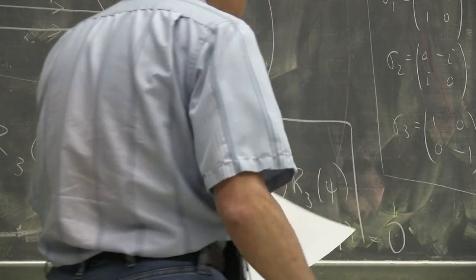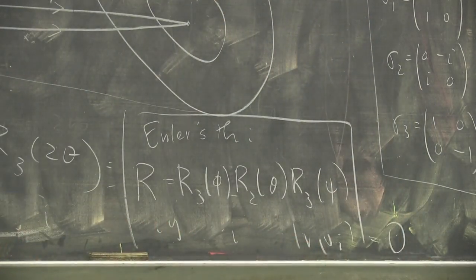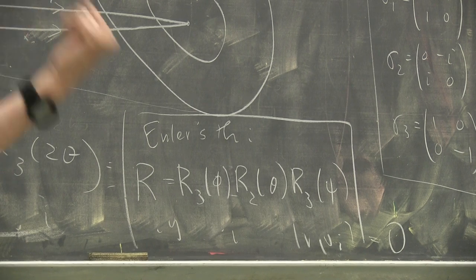These three are the 3 so-called Euler angles. Any rotation whatsoever about any axis, about any direction, can be written in terms of just rotations about a third axis and a second axis like that.